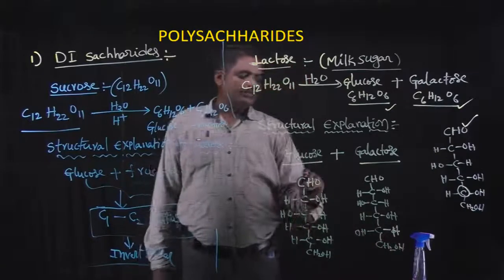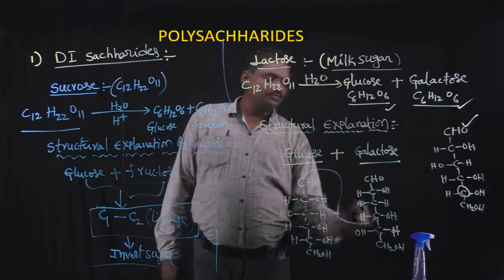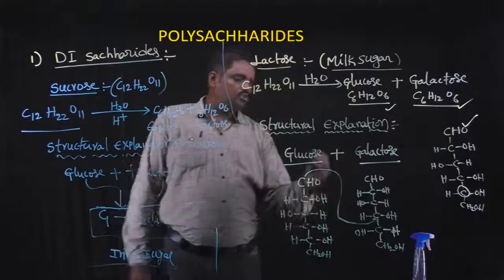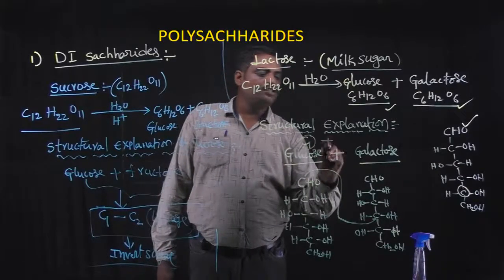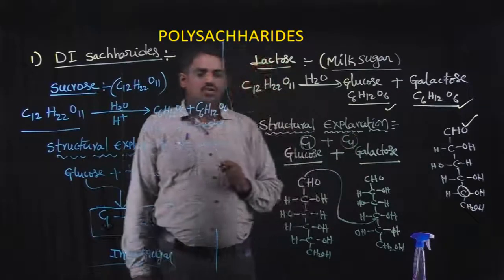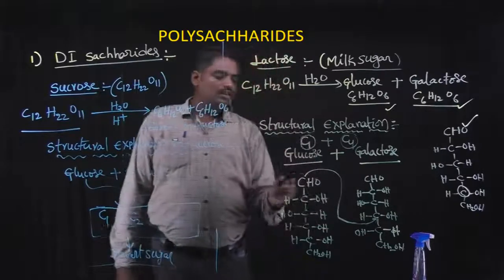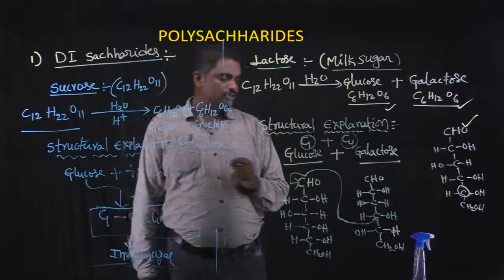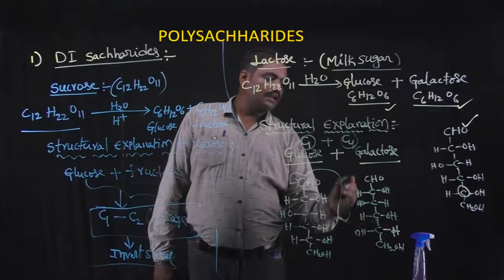Okay, so C1 of glucose is joined with C4 of galactose. So this is the first carbon of glucose, and this is the fourth carbon of galactose.